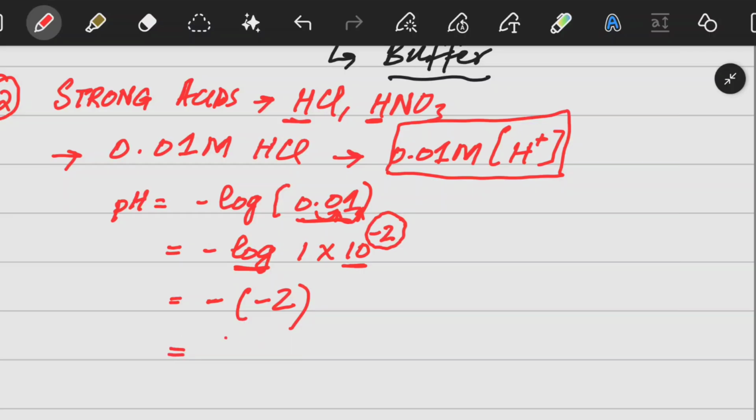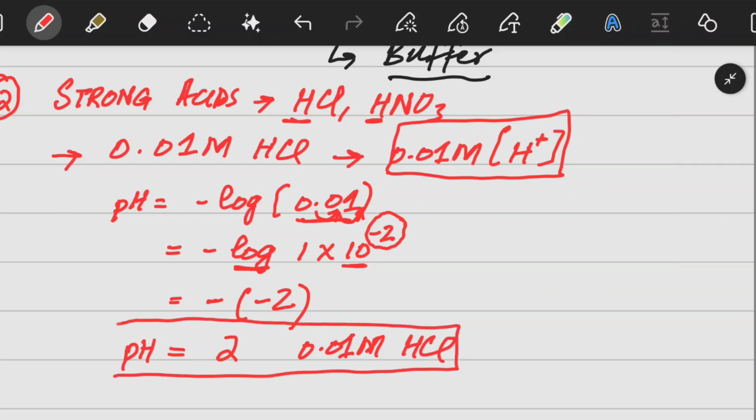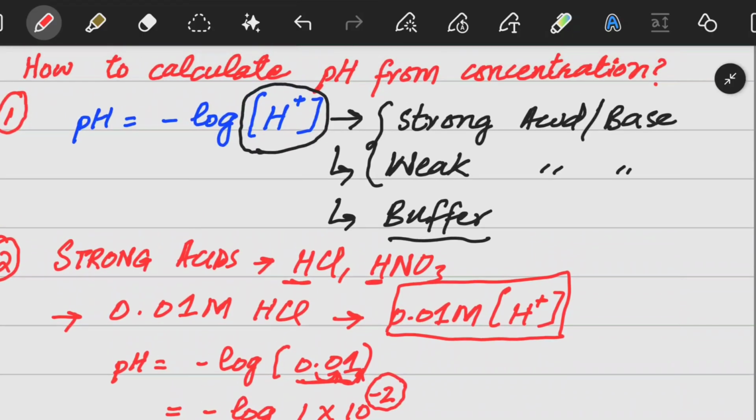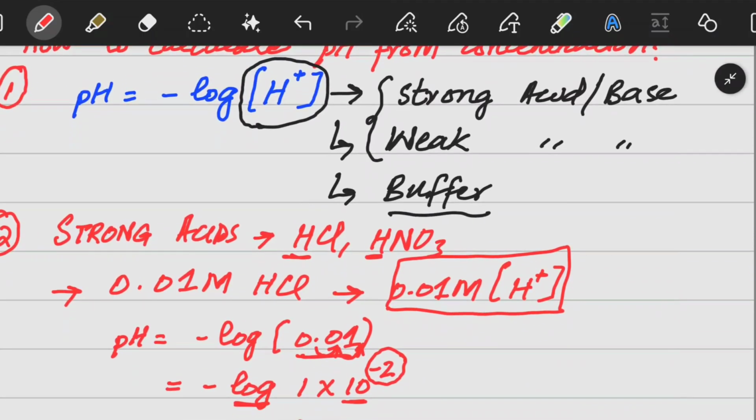Now it becomes really easy. Minus times minus becomes 2. So the pH of 0.01 molar HCl is 2. As you know, pH 2 is a pretty strong acid. That's it. I think that was pretty easy to see how a strong acid's pH can be calculated.